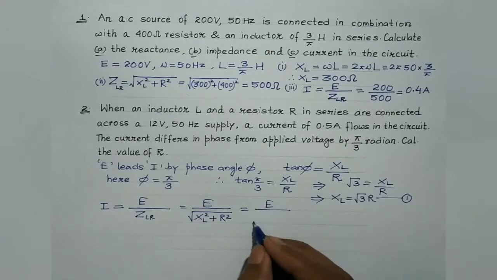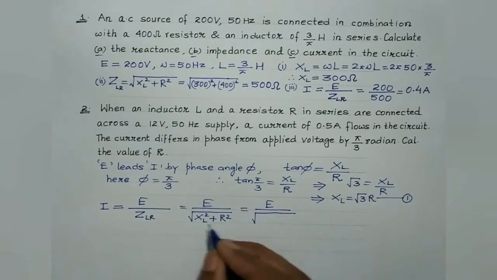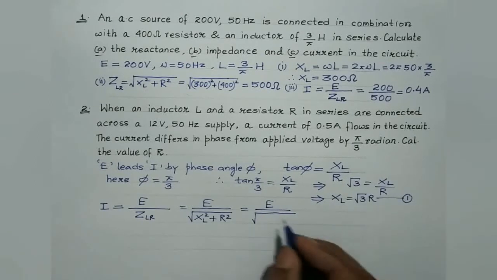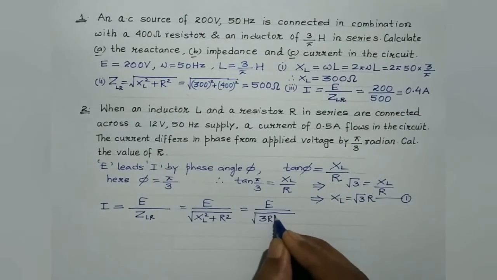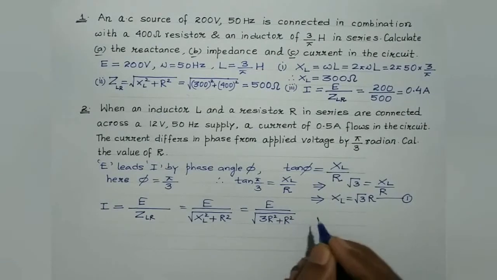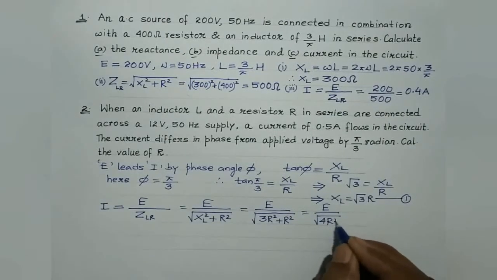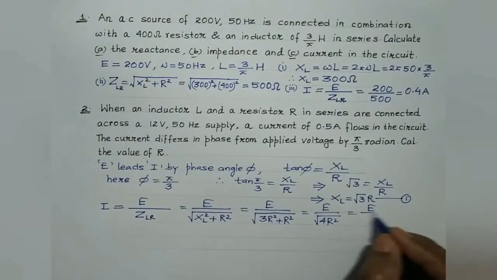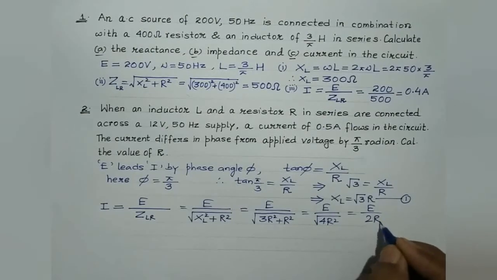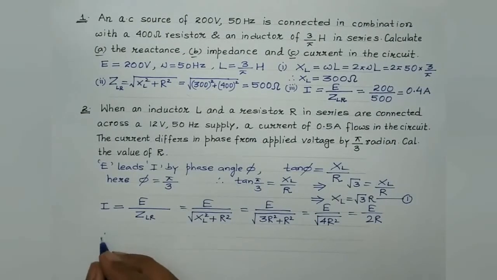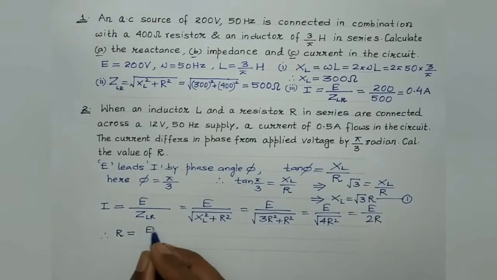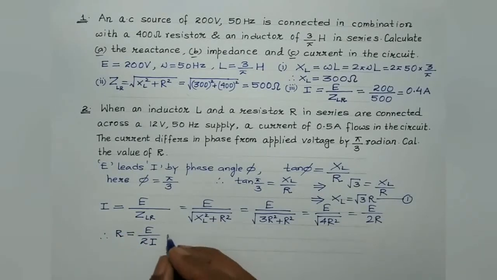XL is root 3 R, so its whole square would be 3R square, plus R square. So it will give us E divided by square root of 4R square, which in turn gives us E divided by 2R. So students, R is to be found. Therefore, the ohmic resistance would be equal to E divided by 2I. Simply rearrange the terms, right?